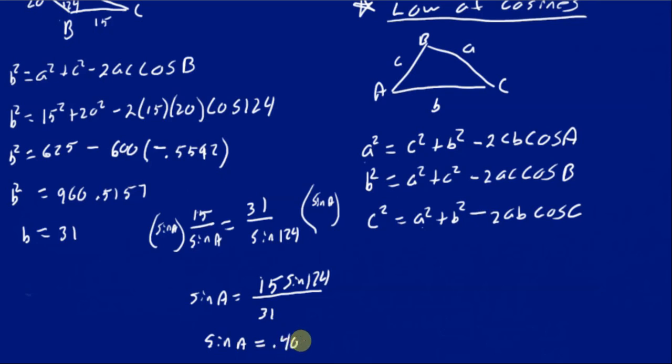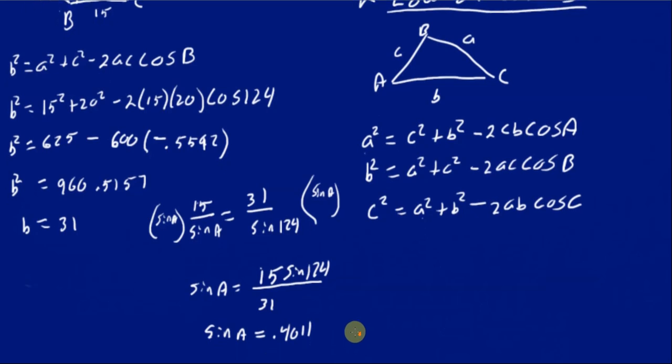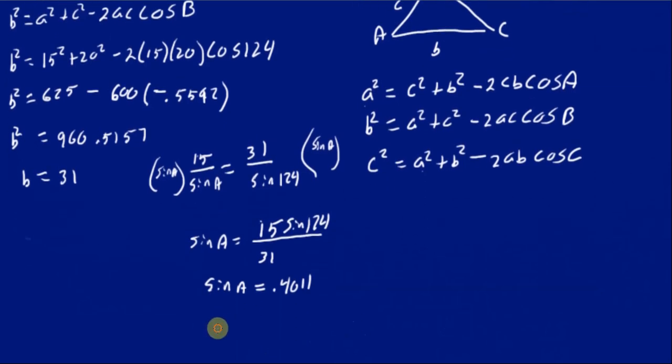Again, that's just rounded. Leave it in your calculator. And then we're going to take the inverse sine of both sides. Again, making sure you're in degree mode. And you should come up with A is equal to about 23.6, rounded to the nearest tenth.